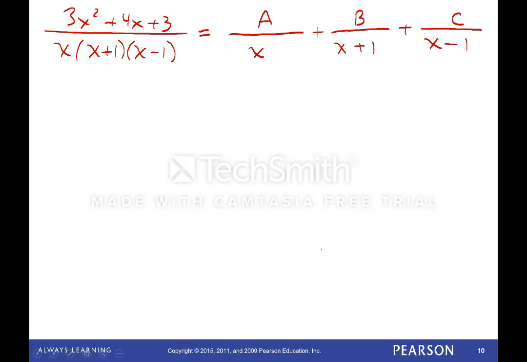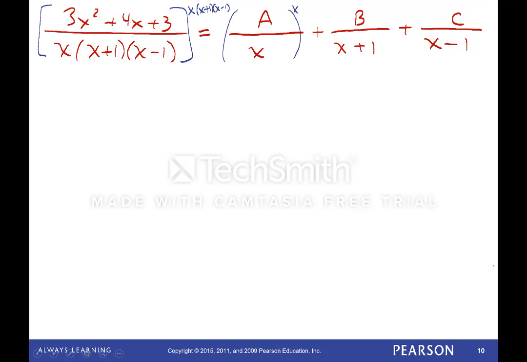All right, now comes the tough part. We're going to use this whole screen just to set up our problem. So here we go. We're going to multiply through, because again, we want to get rid of our denominators, right? We want to see the multipliers to the A, the B, and the C. So let's do this here. We're going to multiply the top by x, x plus 1, x minus 1.